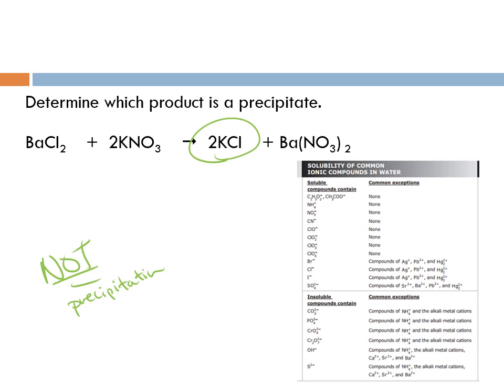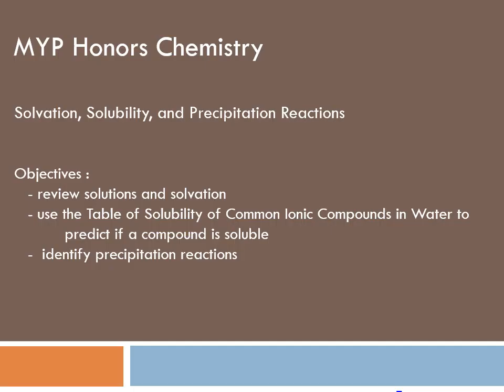Potassium chloride. Chloride is here. Potassium is not an exception. This will dissolve. Barium nitrate. Nitrate is here. There are no exceptions. Nitrates always dissolve. This guy will also dissolve. Nothing was a solid. There is no precipitate. Trick question to wrap up today's lecture.